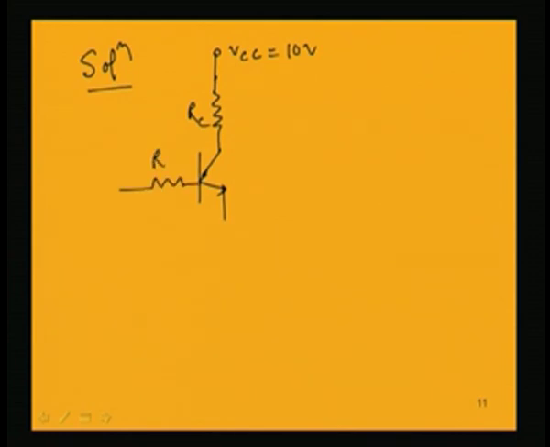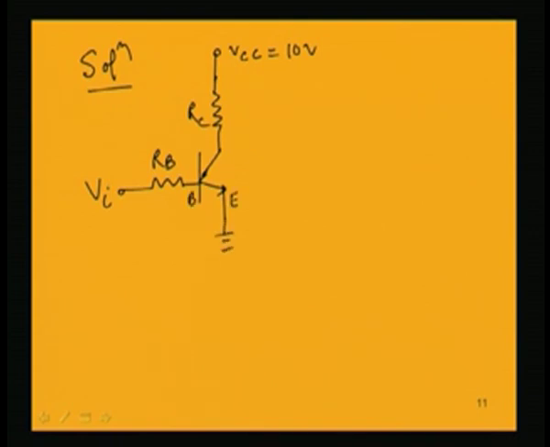Let us draw this circuit again. Solution for this example, we have a VCC equal to 10 volt and RC not known, we have to design this RC value. This is a common emitter NPN transistor, and we have a resistance at the base which is RB, input voltage is Vi and emitter is grounded.